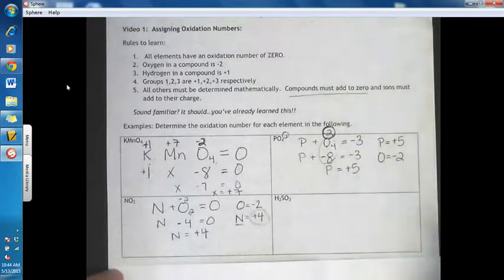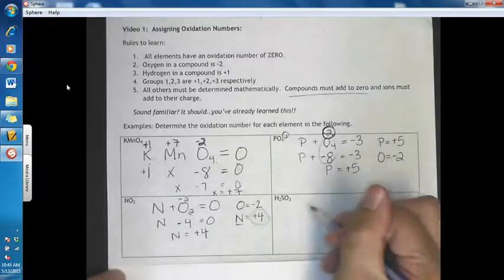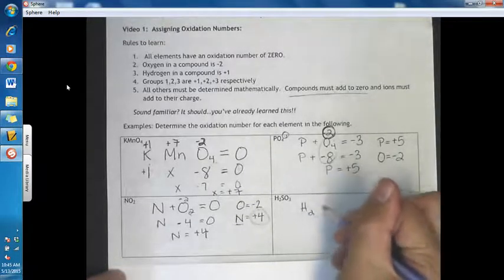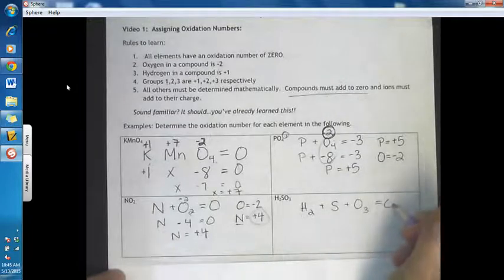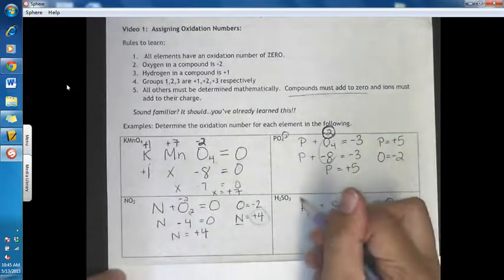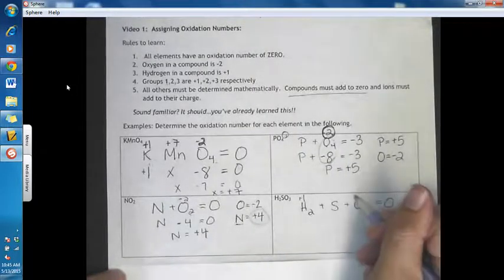Go ahead and try the last one, which is your sulfurous acid. Again, hydrogen +1, oxygen -2.